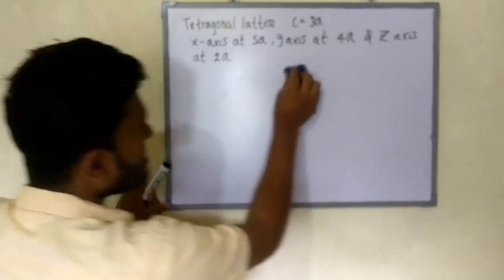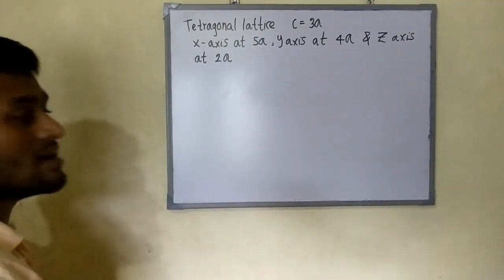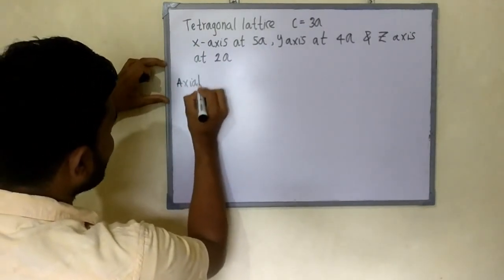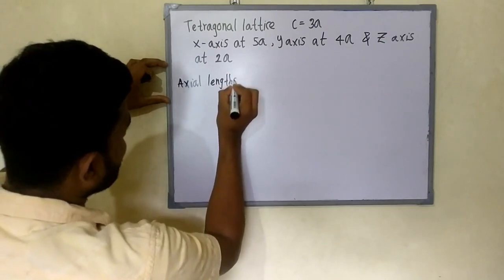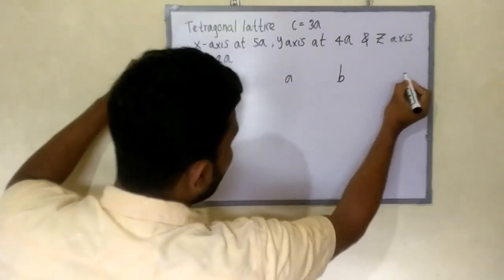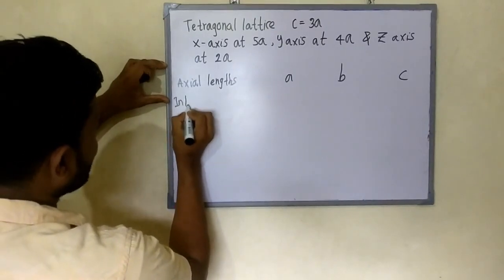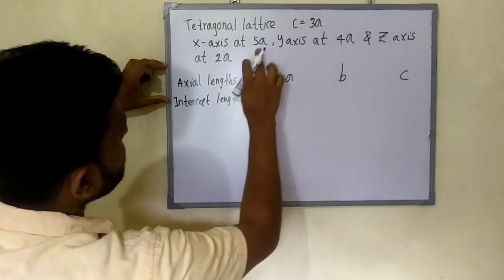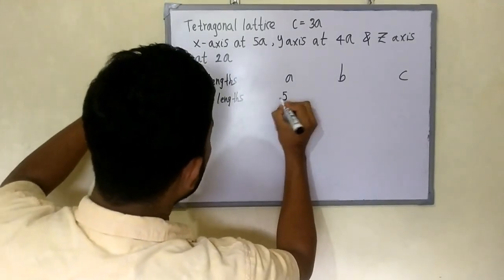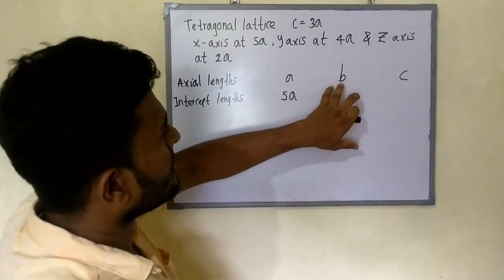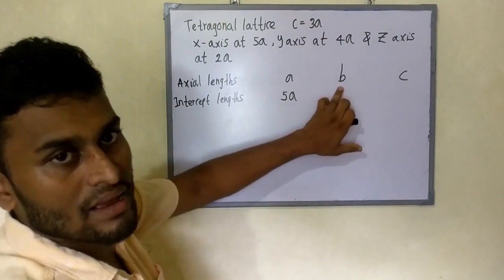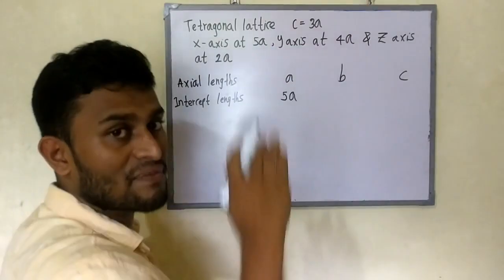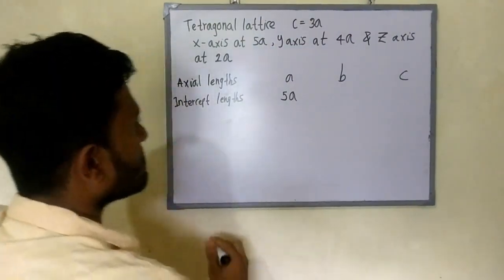Now we can use the same procedure which we have used earlier to find the Miller indices. So your axial lengths will be a, b and c, and your intercept lengths will be 5a, and you know here b also equals a, because for a tetragonal lattice only one direction is going to be different and the other two directions are the same.